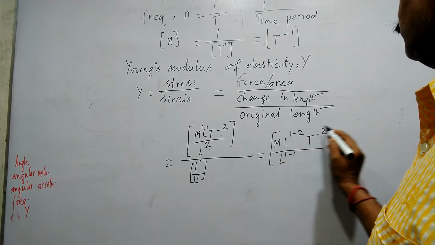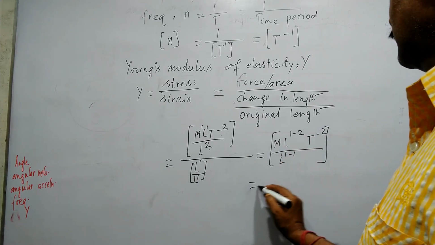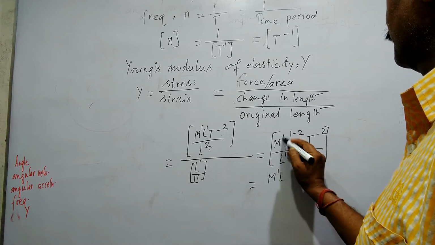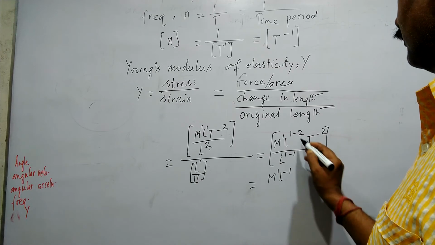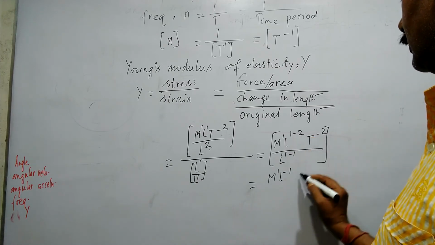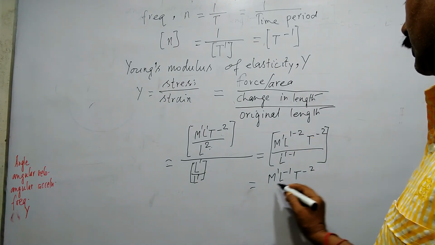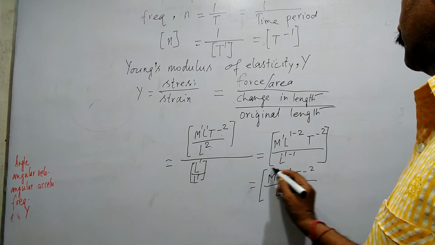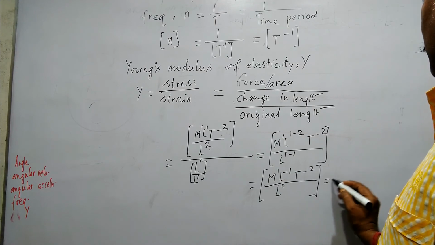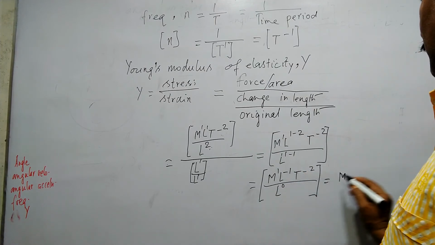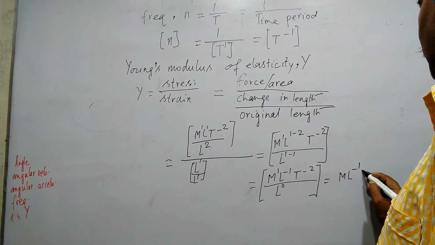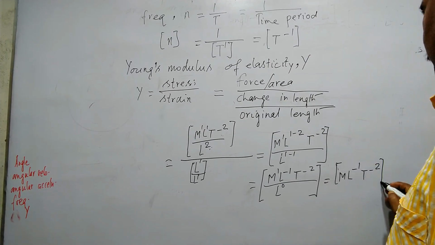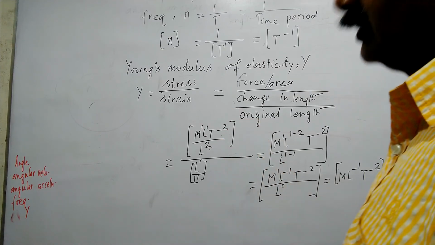Then we can write M L to the power minus 1 minus 2, T to the power minus 2, and L to the power 0. So this is M L to the power minus 1 T to the power minus 2. This is the dimensional formula of Young's modulus.